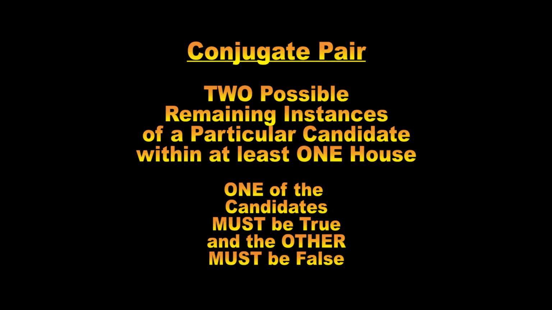When there are exactly 2 possible remaining instances of a particular candidate within at least one house, we will again know that one of them must be true and the other must be false. And when this is the case, we call these 2 candidates a conjugate pair.